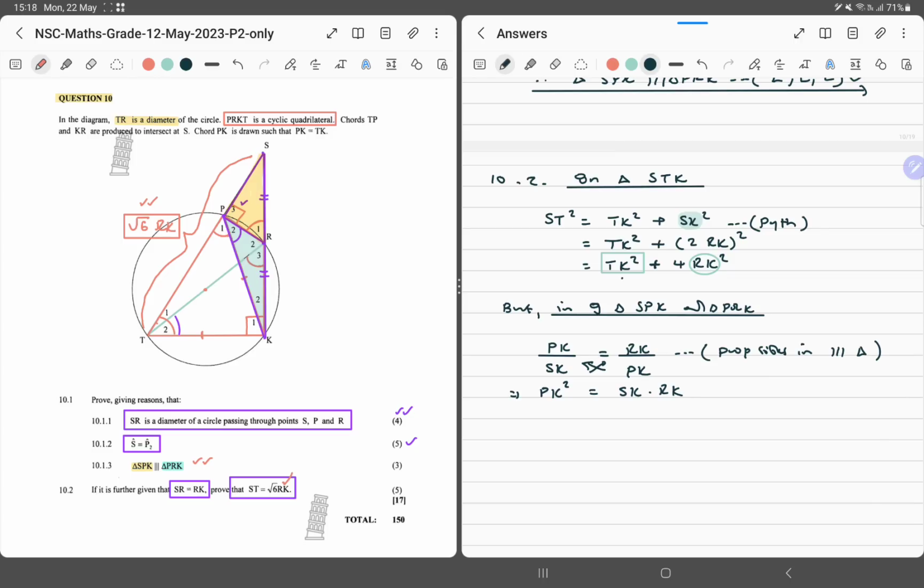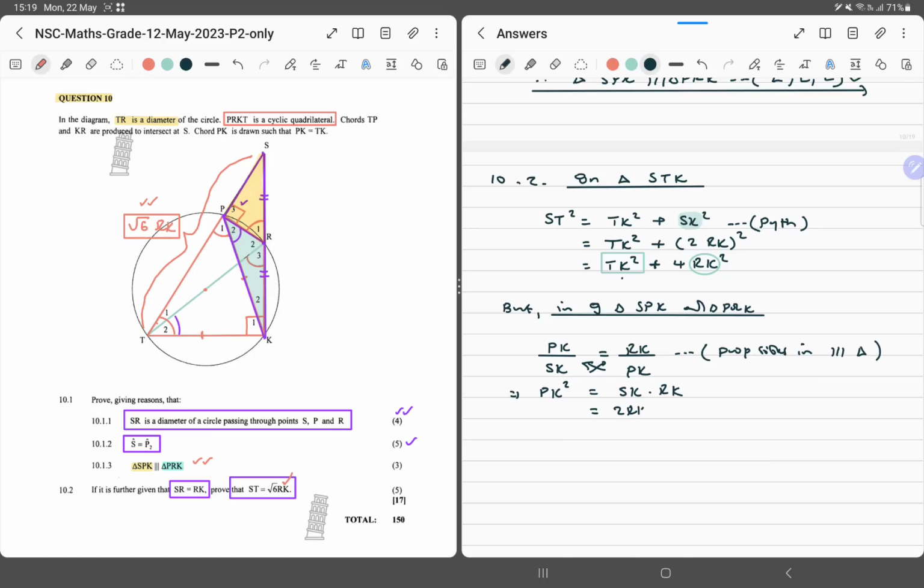But we have a story again. We have a but. No, we can't have a but. Let's just leave it at that. Now, what do we know about SK? SK is twice RK, right?